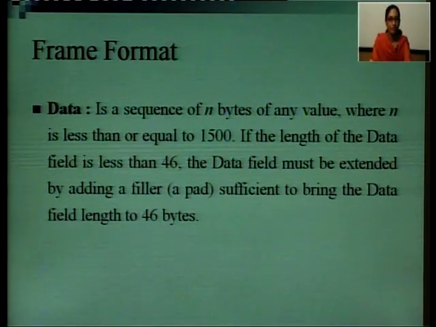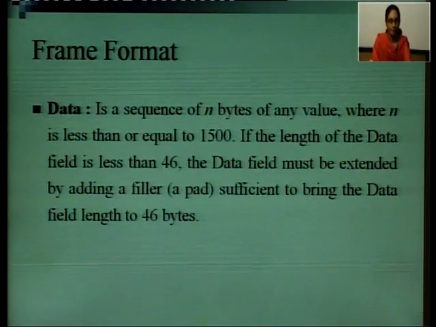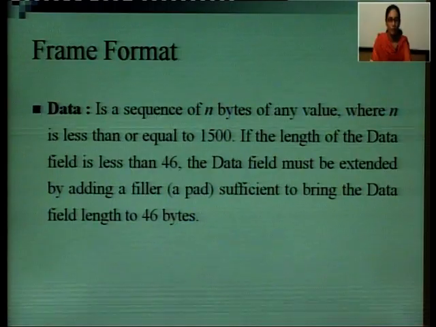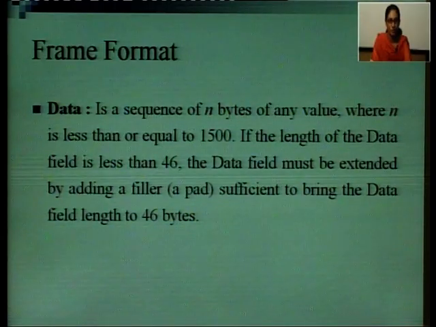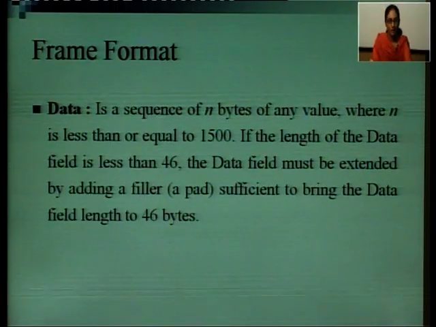If the length of the data field is less than 46, the data field must be extended by adding some filler or pads sufficient to bring the data field length up to 46 bytes.